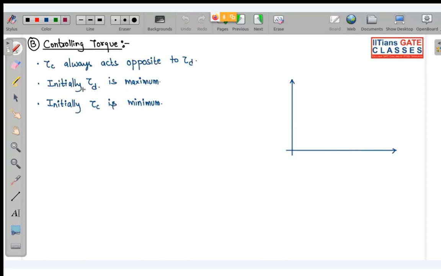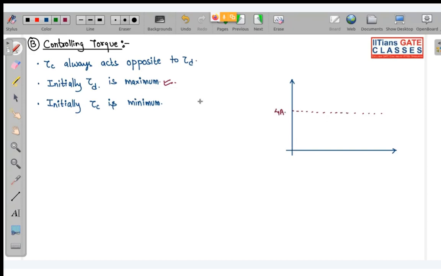Initially, you should know this, deflecting torque is more and tau d is maximum. I have written: initially deflecting torque is maximum, initially controlling torque is minimum. You will understand this with the help of an example. Suppose I am measuring 4 ampere.